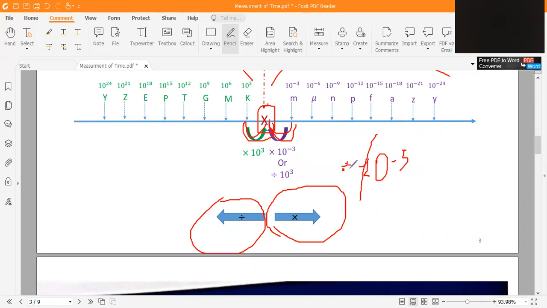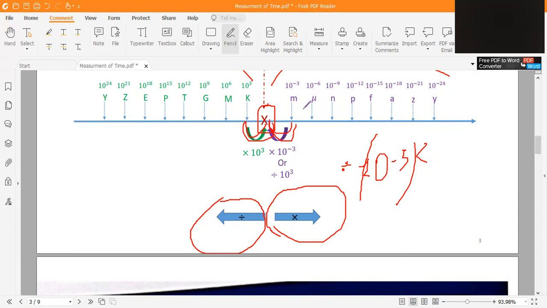So we can explain that it is equivalent to dividing the number by 10 power minus 3, squared, because we are moving 2 steps, 2 units of measurement, to the left. So we divide the number by 10 power minus 6, because we have 10 power minus 3 squared, so 10 power minus 6.